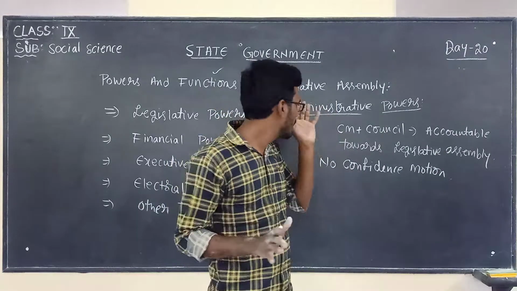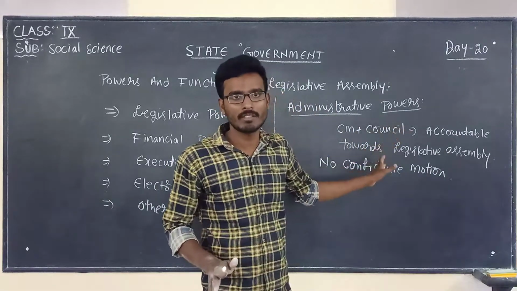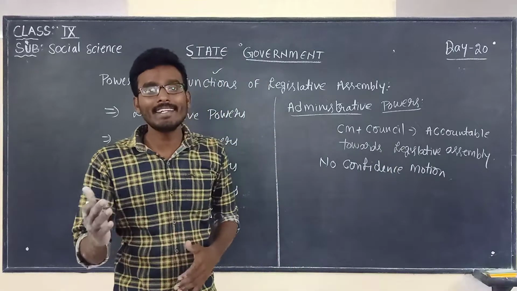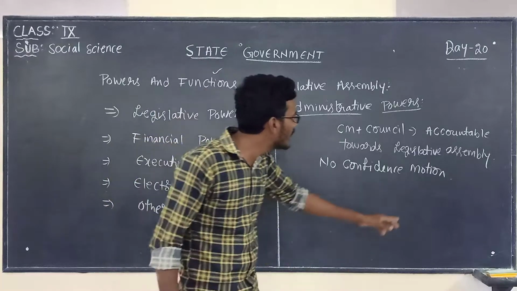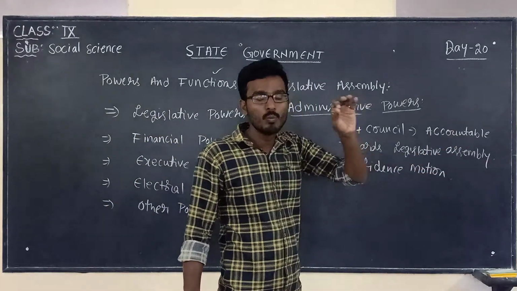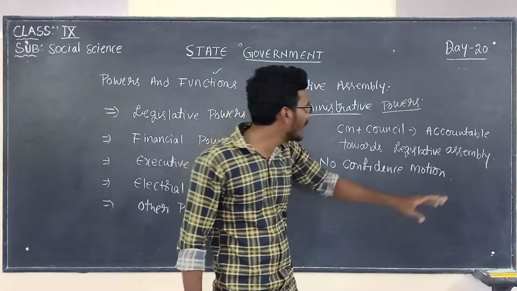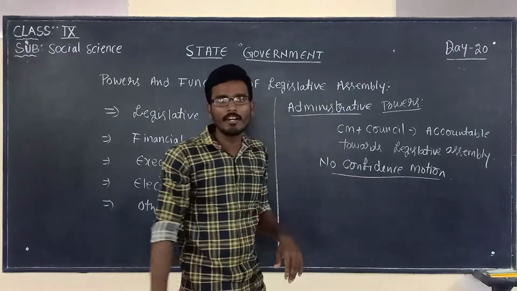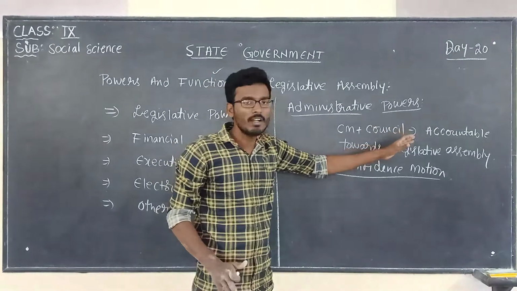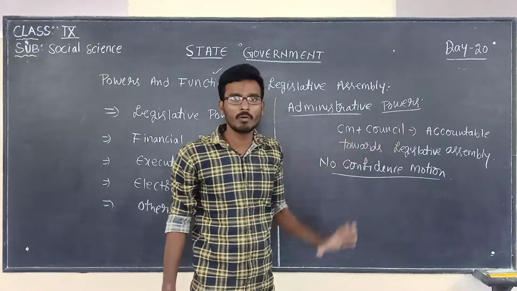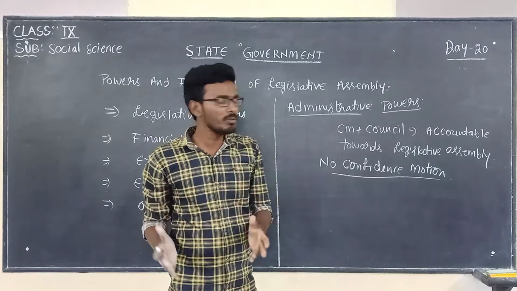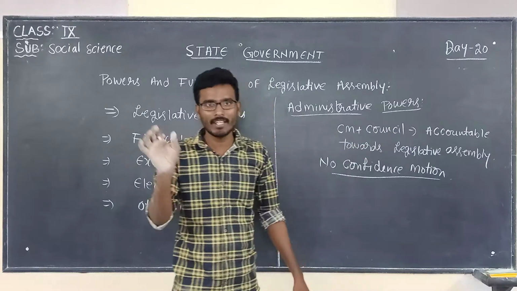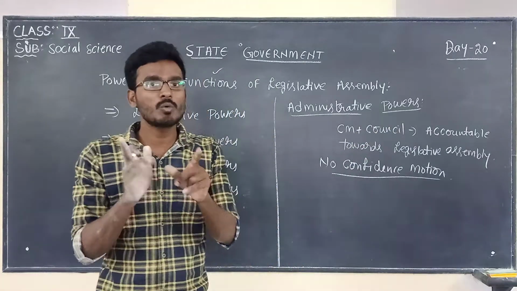Simply, the chief minister and his council of ministers are able to enjoy their power only as long as they have the confidence of the legislative assembly. Once they lose that confidence, a no confidence motion bill will be introduced in the house, meaning the legislative assembly. If the bill is approved, both the chief minister and his council have to resign from their positions.